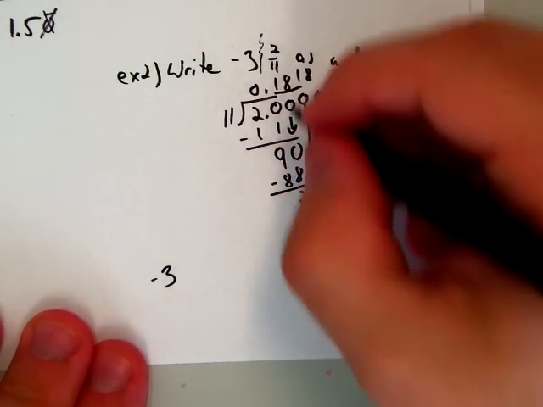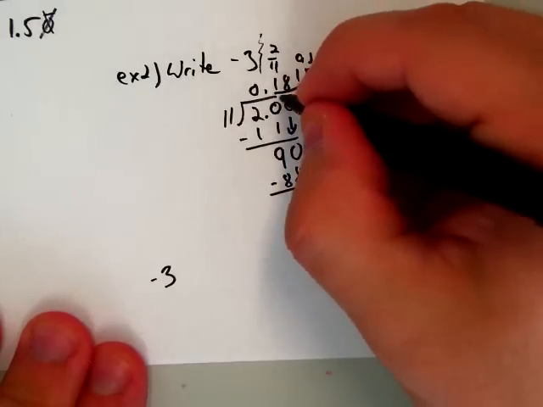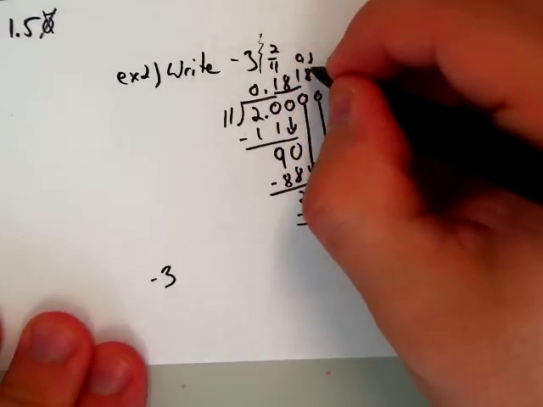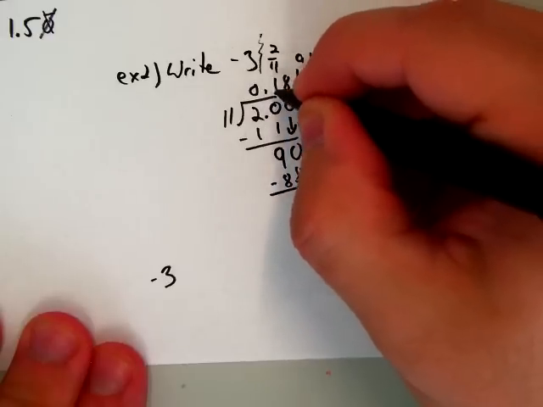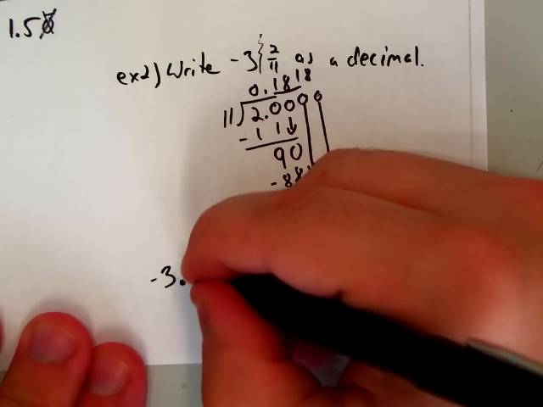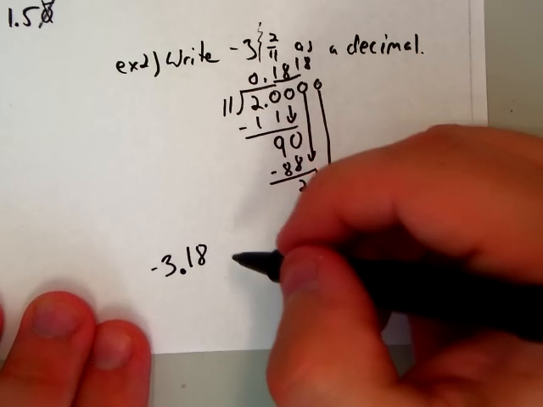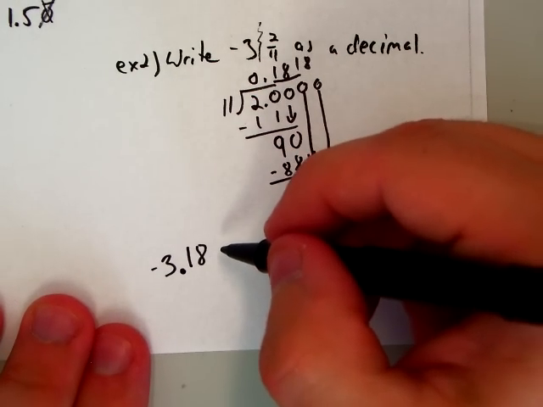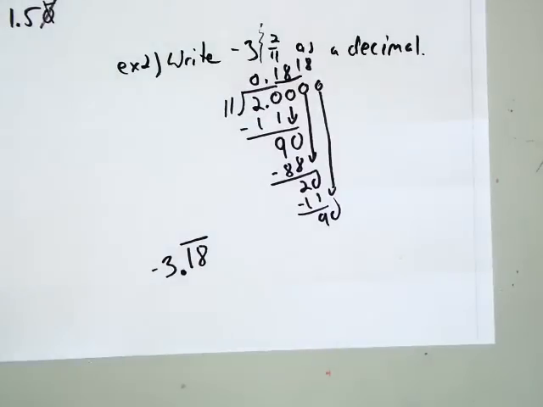So now what I do is the 18, the 1 and the 8, is the part of the pattern that's repeating. This is the entire pattern here. So I'm going to put down just one of those repetitions, the 1, 8, and I put a bar over the top to show that that repeats forever.